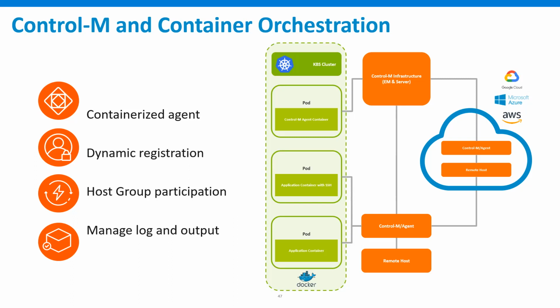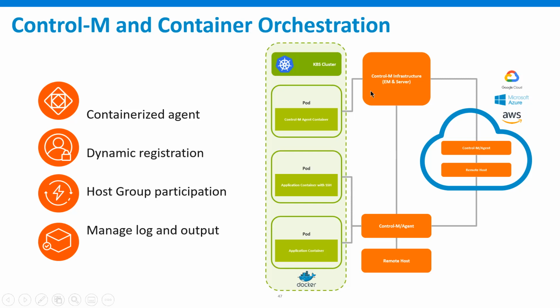You can make them part of a host group, initiate a single task for that host group, and it will run across all your pods. Again, like I told you, we can manage the output logs either through a PVC, or you can use a Control-M archiver for that matter.